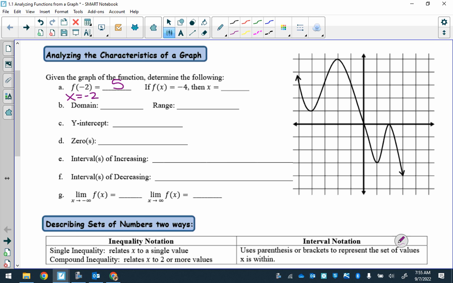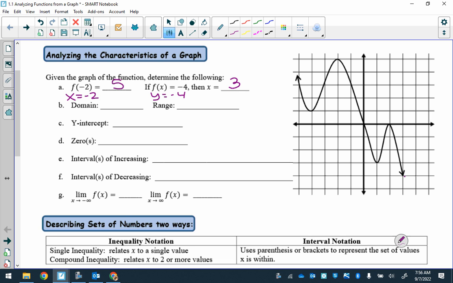All right, now on the flip side, f of x equals negative 4. What does that mean? And what do we get for x? Good. Awesome. Okay, so when x is equal to negative 2, go to negative 2 and see where the graph intersects. Okay, then when y is negative 4, go down to negative 4 and see where the graph will intersect.